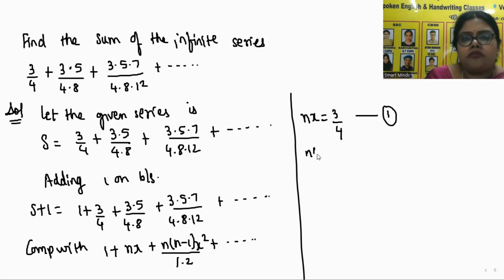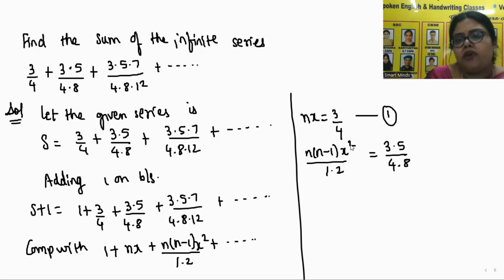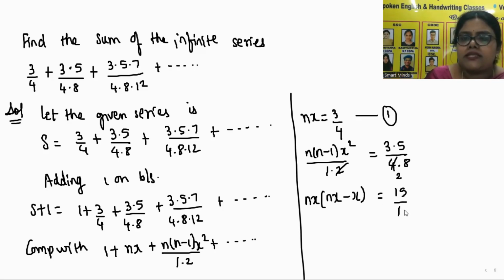And in the place of n into n minus 1 into x square by 1 into 2, you have 3 into 5 by 4 into 8. Now this 1x I will take inside and 1x I will write along with n. So that is nx into nx minus x. 2 ones are 2, twos are cancel. So that is equal to 15 by 16.